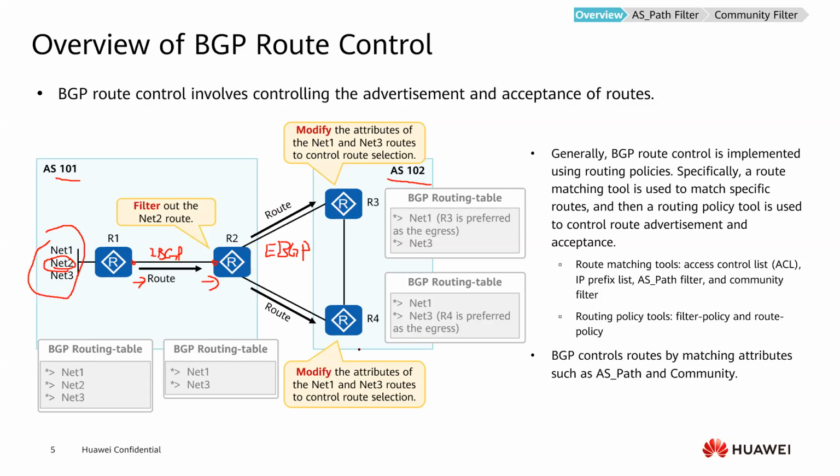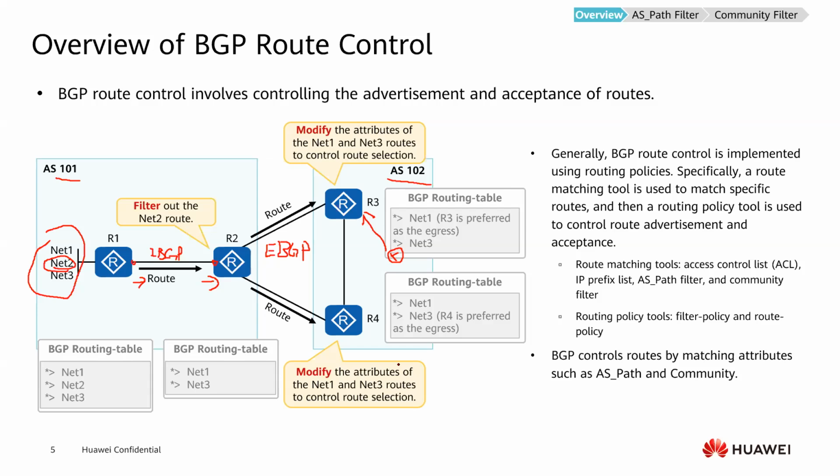And R3 and R4 will receive both the net 1 and net 3 routes, right? For the network in AS102, when a device in AS102 wants to connect to net 1, it wants to choose R3 as the egress device primarily.